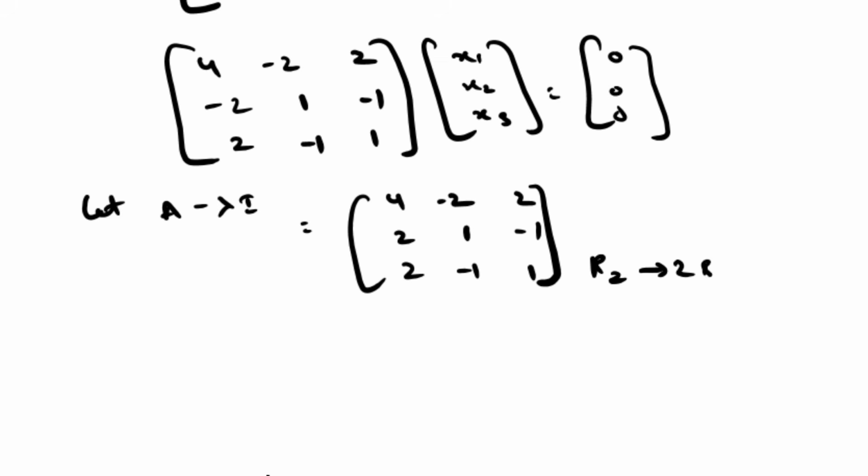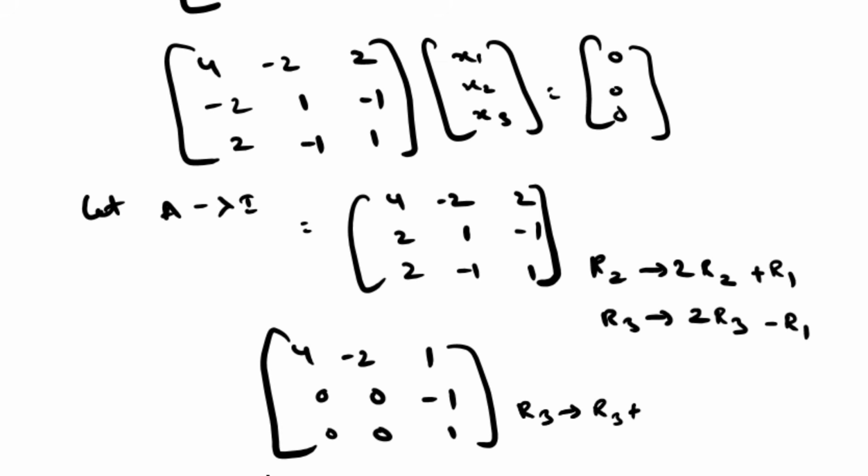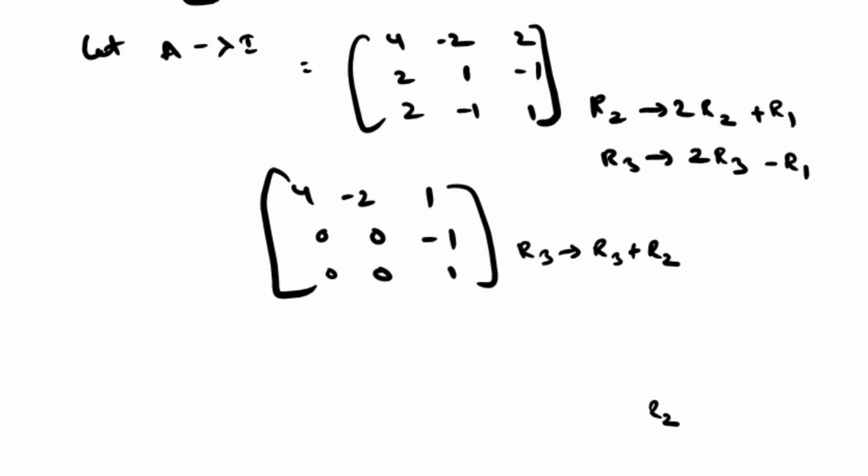R2 implies 2R2 plus R1. R3 implies 2R3 minus R1. 4 minus 2 1; 0 0 minus 1; 0 0 plus 1. Now R3 implies R3 plus R2. 4 minus 2 1; 0 0 minus 1; 0 0 0.